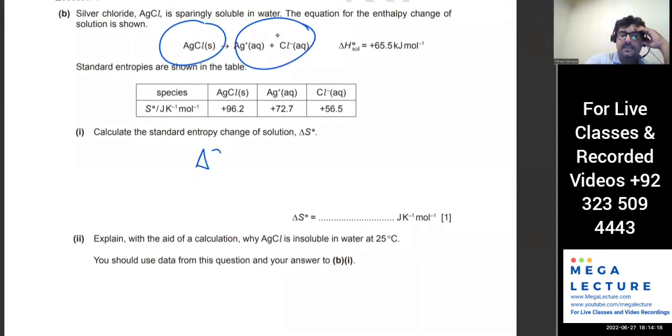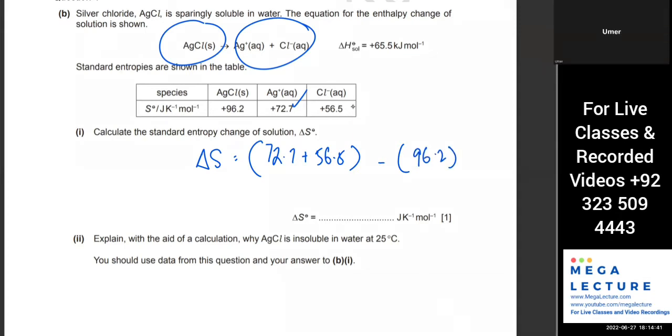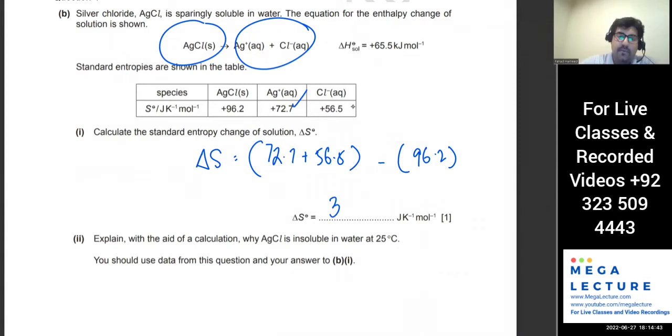So delta S is products, that's Ag plus 172.7 plus Cl minus 1, that's 56.5. Minus the reactant, which is AgCl solid, that's 96.2. What do we get for this? You're getting 33. Point what?